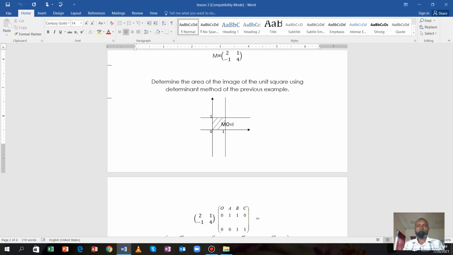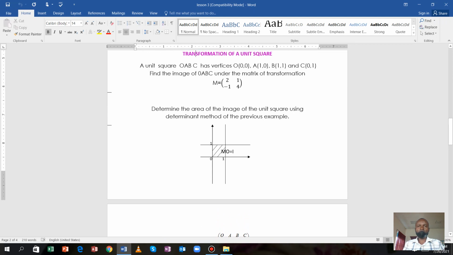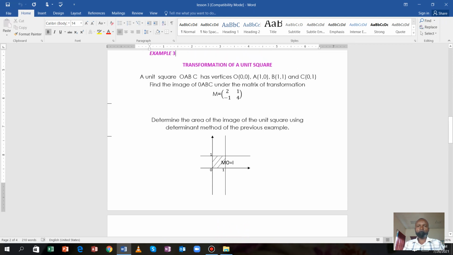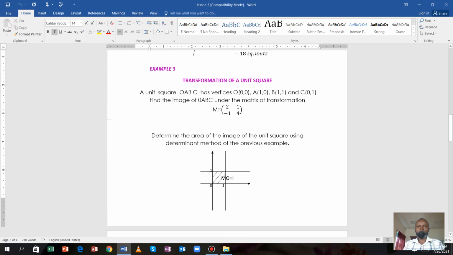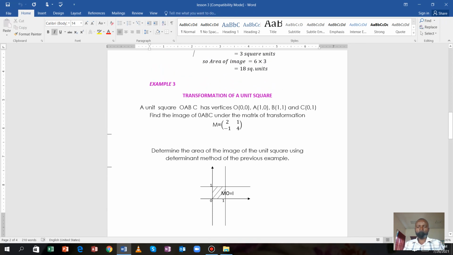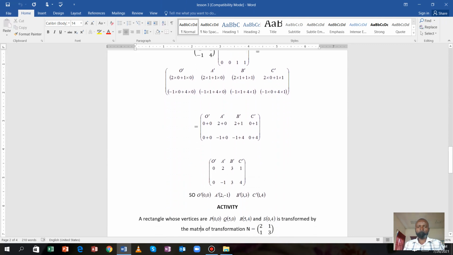You get 1 square unit. Then you remember the formula: area of image is equal to determinant times area of the object. When you multiply those two, you shall have got the area of the image without necessarily sketching the image too. So you put on your answer square units.